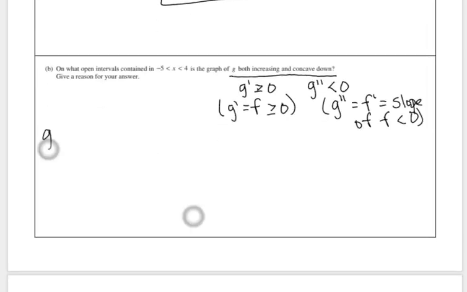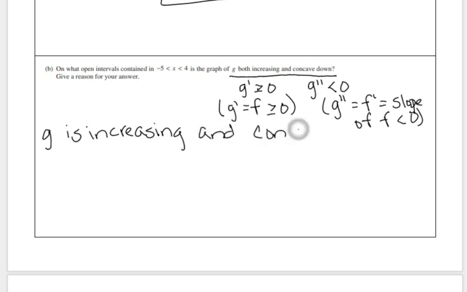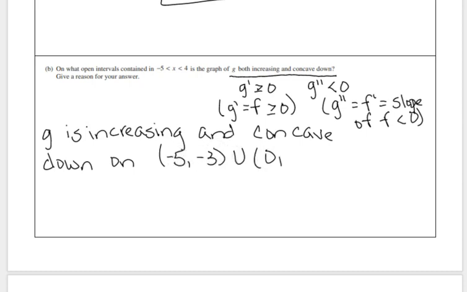So g is increasing and concave down on the intervals -5 to -3 and 0 to 2.